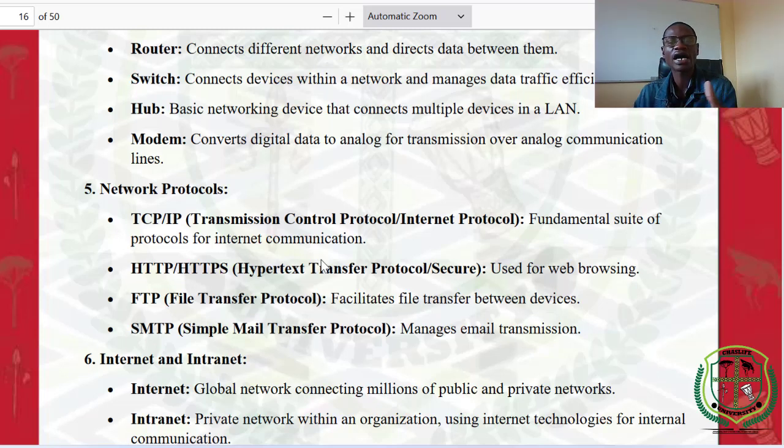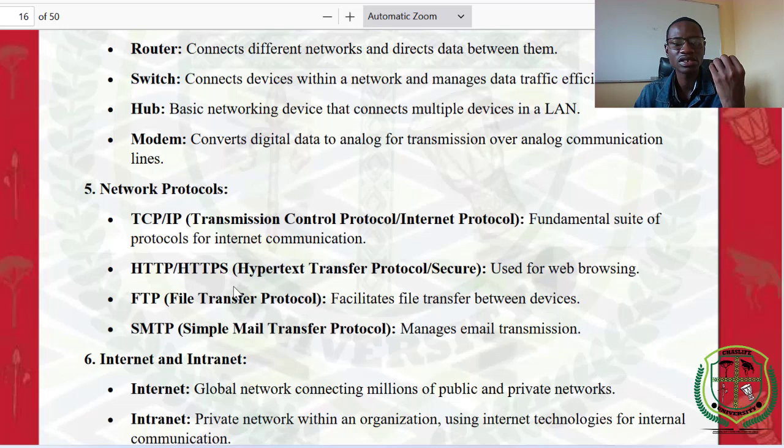They are fundamental instructions for internet communication. For the internet to work, you need what we call an IP address, or TCP. Either Transmission Control Protocol or Internet Protocol, it's the same thing.